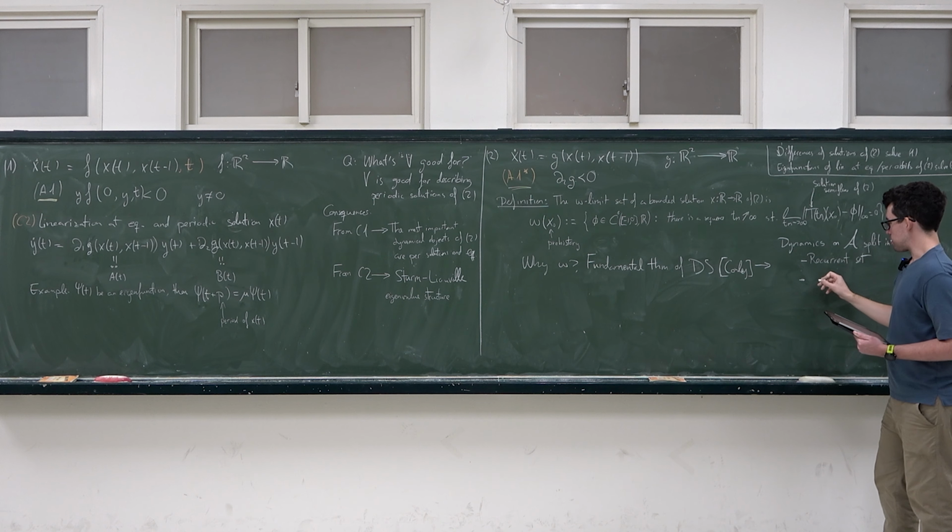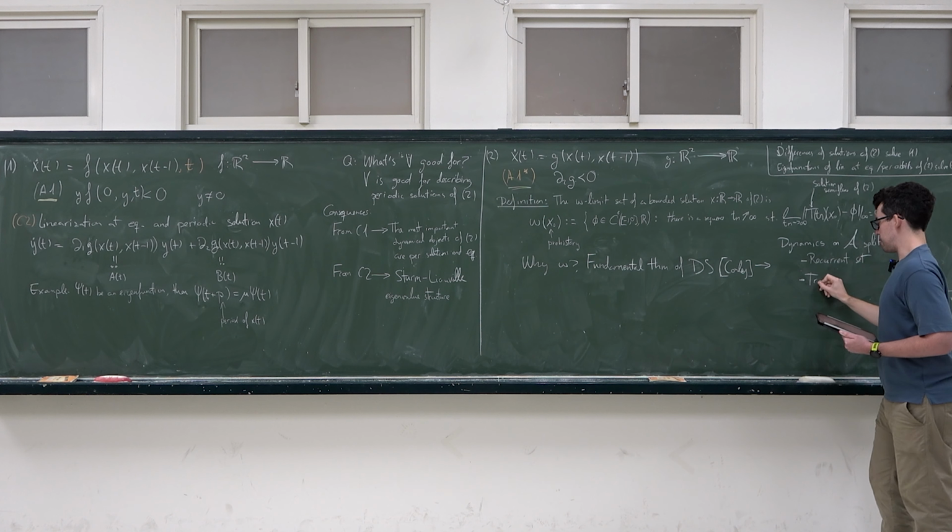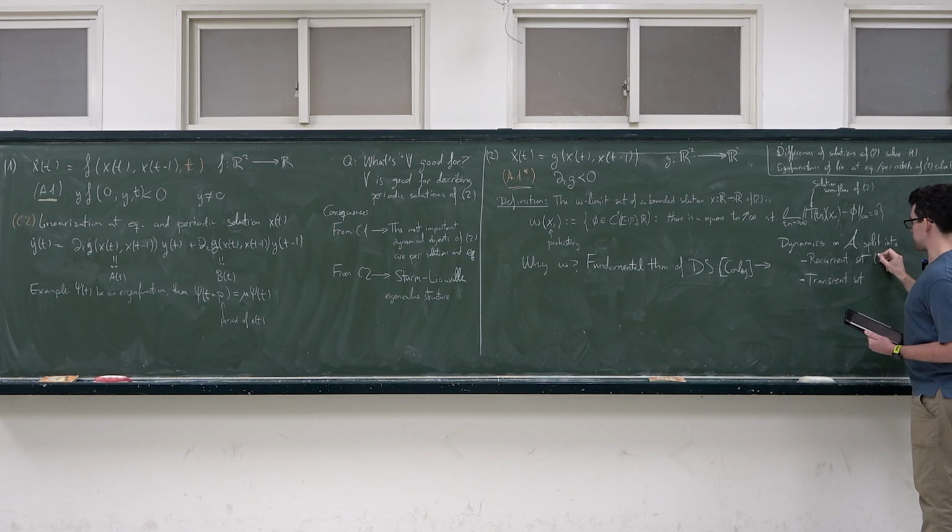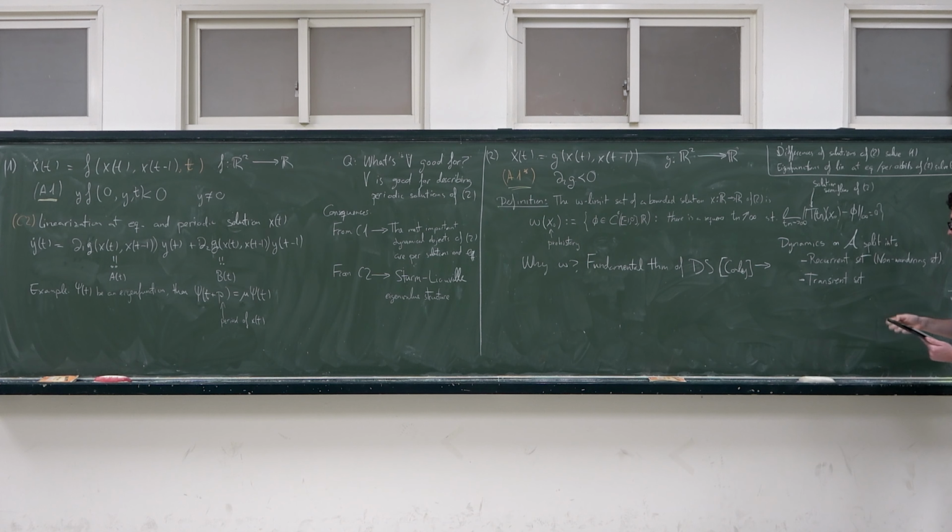And there is also something we can call the transient set. The recurrent set is the non-wandering set. So there is a splitting of the dynamics of a system into a conservative part that doesn't move too much from its origin, and a dissipative part that tends to decay.